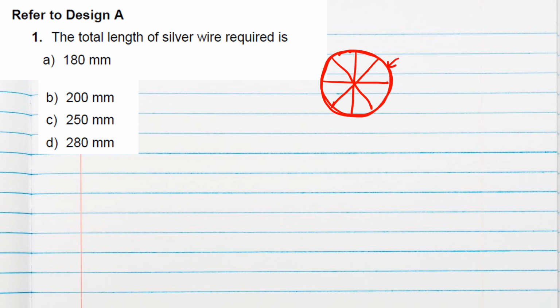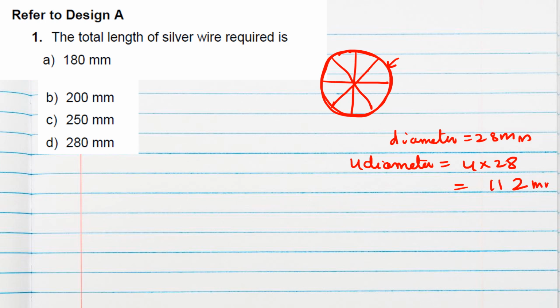So diameter is given as 28 millimeter. So four diameters will be 4 into 28. We can multiply and get the answer 112 millimeter. This is just for inner diameters.